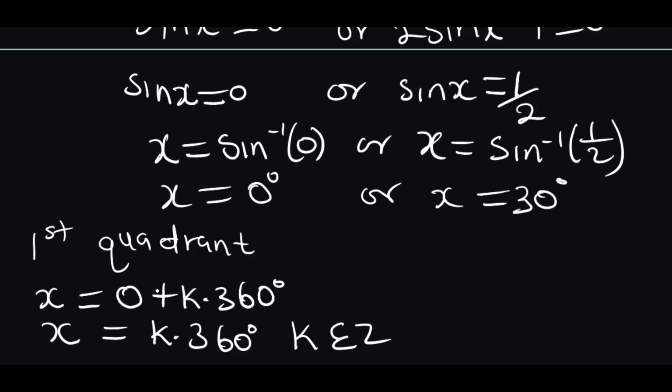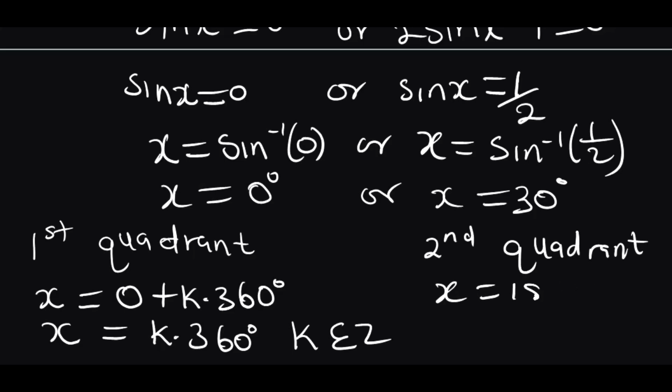On the second quadrant, sine is still positive since we treat 0 degrees as positive, meaning we will have x is equal to 180 degrees minus 0 plus k times 360 degrees.